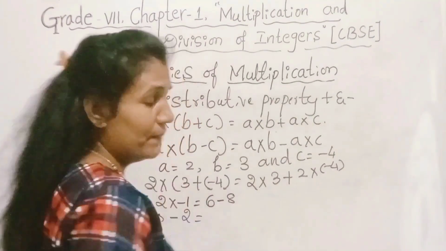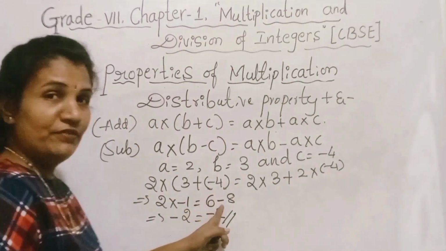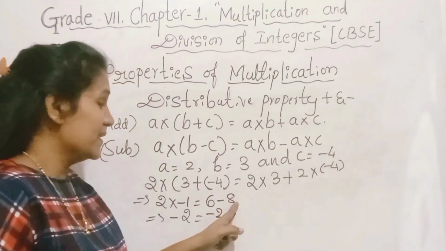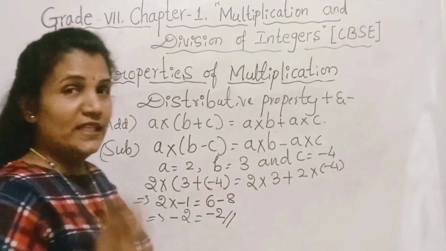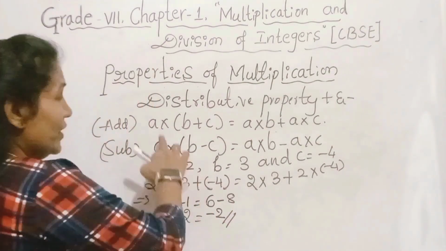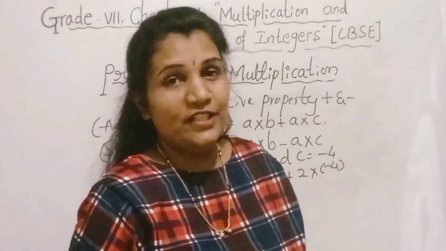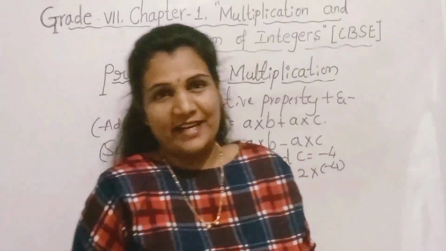It means minus 2. Plus into minus minus, we need to subtract 8 minus 6, 2. Bigger number is 8 among 8 and 6, so we need to keep the bigger number's sign, that is minus sign. See here, A into B plus C is equal to A into B plus A into C. This is the same for subtraction also.